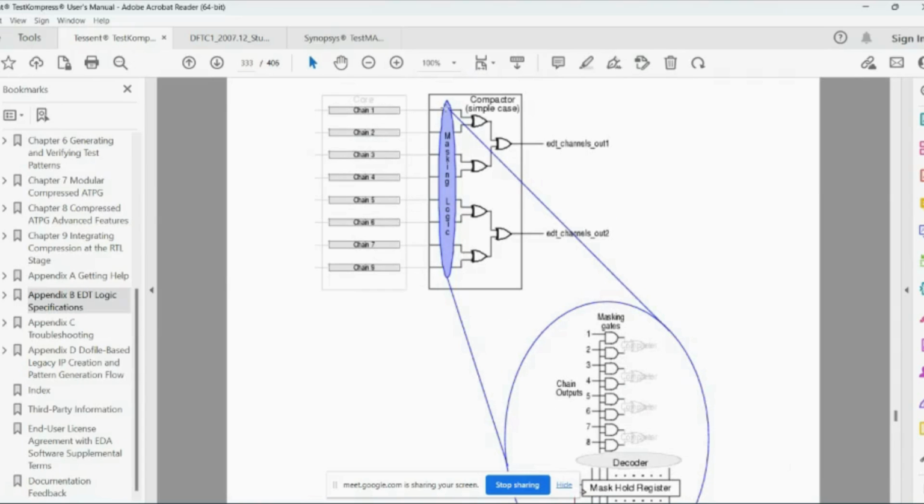So these AND gates are added on each chain output, and we will mask the value. Masking, in general language, means hiding the value.